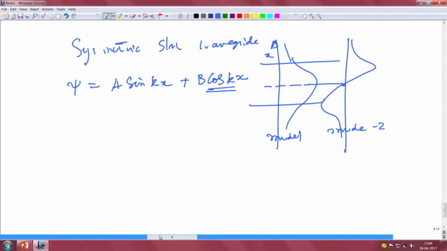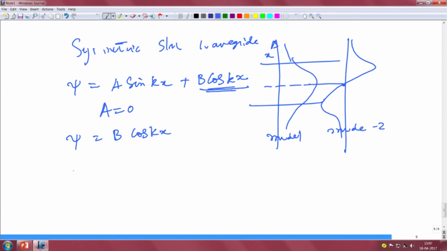To quicken the process, let us take a symmetric mode where cos is the mode field inside the core region, and by choosing constant a equal to 0, we can force it to be symmetric. This can be done more rigorously, more mathematically. So, let us choose psi to be b cos kx in the core region.